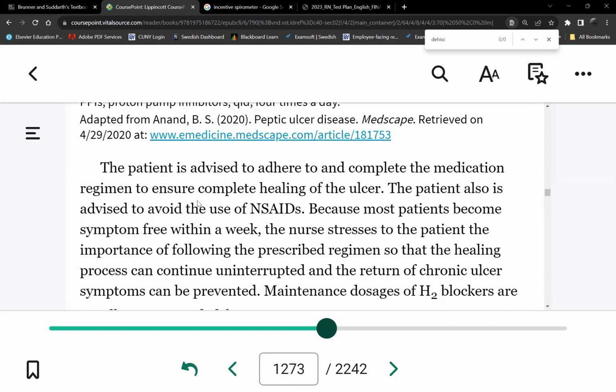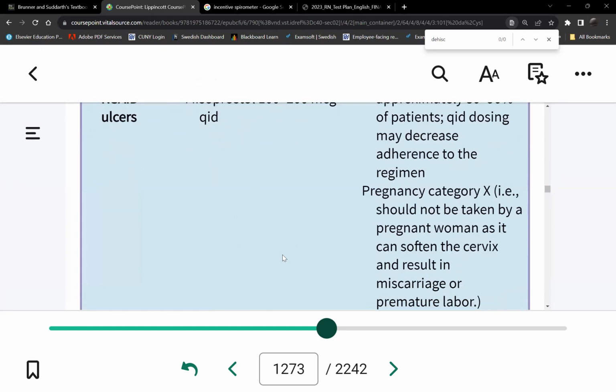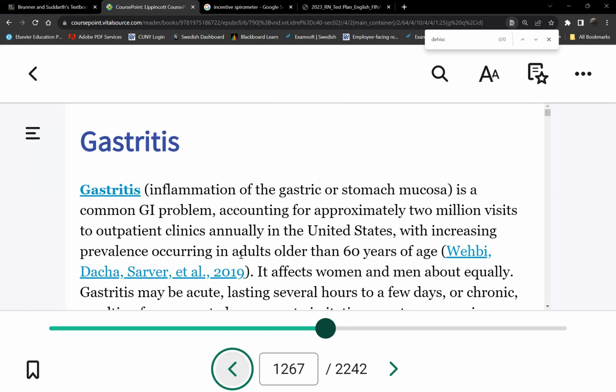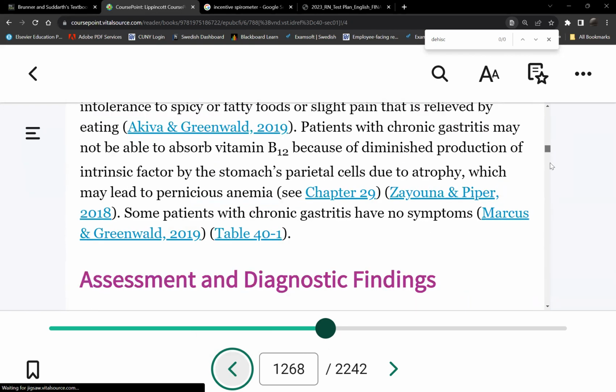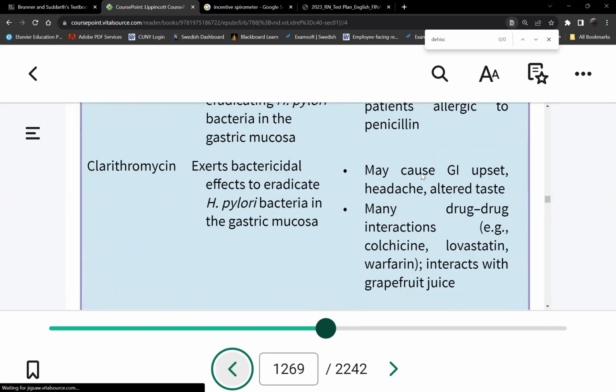Okay. And for the other drugs, like I said, I'll go back to gastritis, because we're also giving antacids. So let's go to the medical management of gastritis right here.